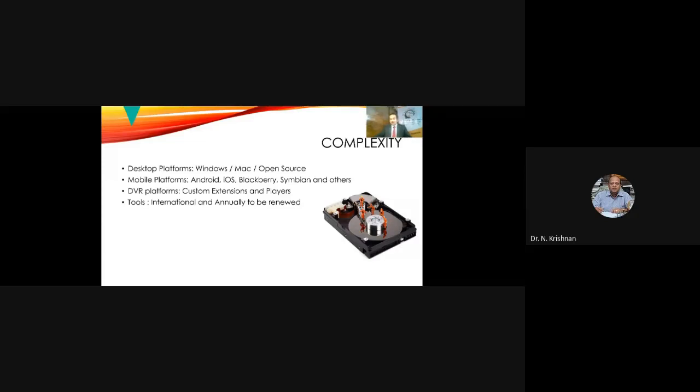Next, the tools. One of the biggest challenges for digital forensics is the tools we are going to use. In digital forensics it is also said that if you have good money, you can offer better solutions. What are the tools we use today for the purpose of examination? We have both open source and licensed versions.